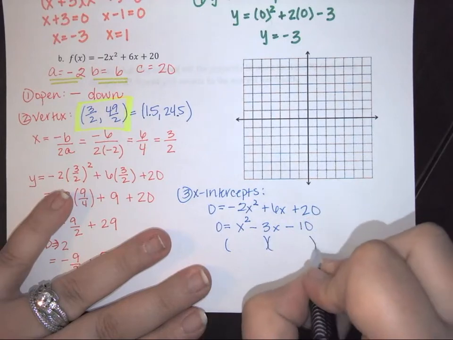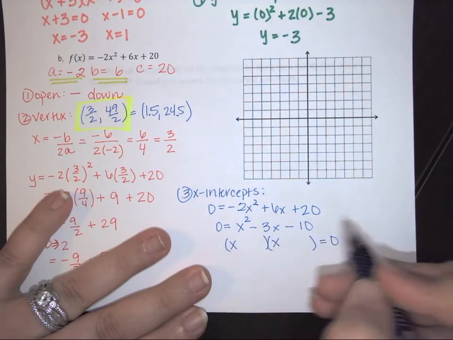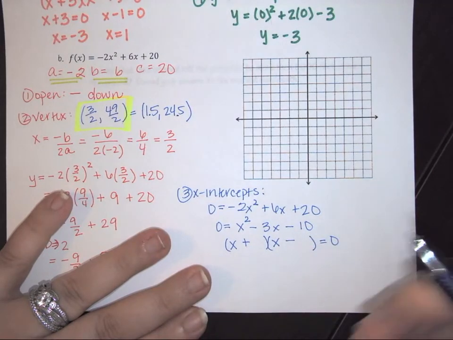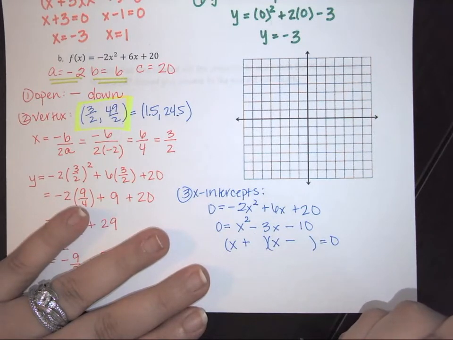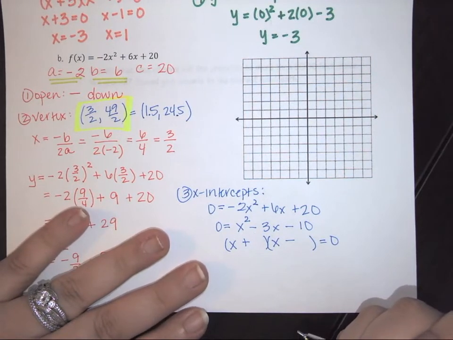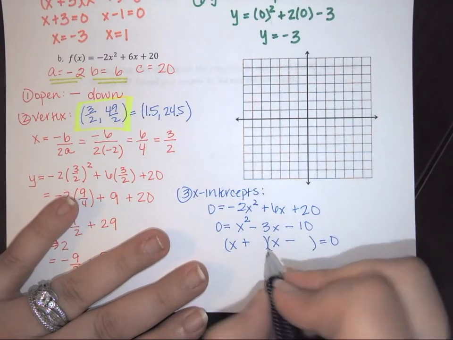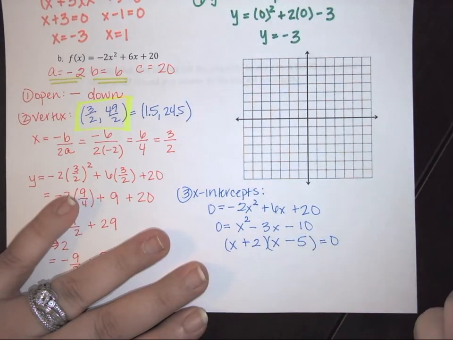So I can create my factors. Again, x breaks into x and x. My sign here is negative, so I need one positive, one negative. My middle term is negative, so that means the bigger factor has to be negative. And in this case, factors of 10 that will give me 3 have to be 2 and 5. So 2 is positive, 5 is negative.